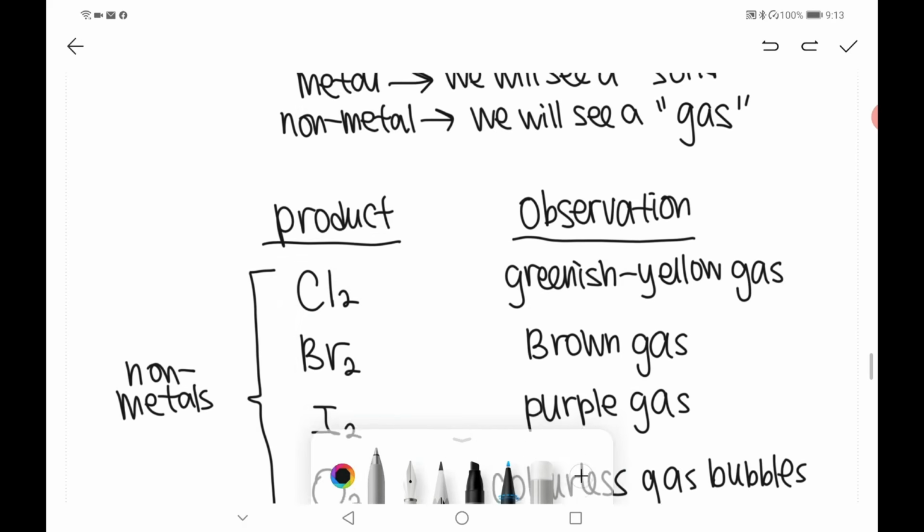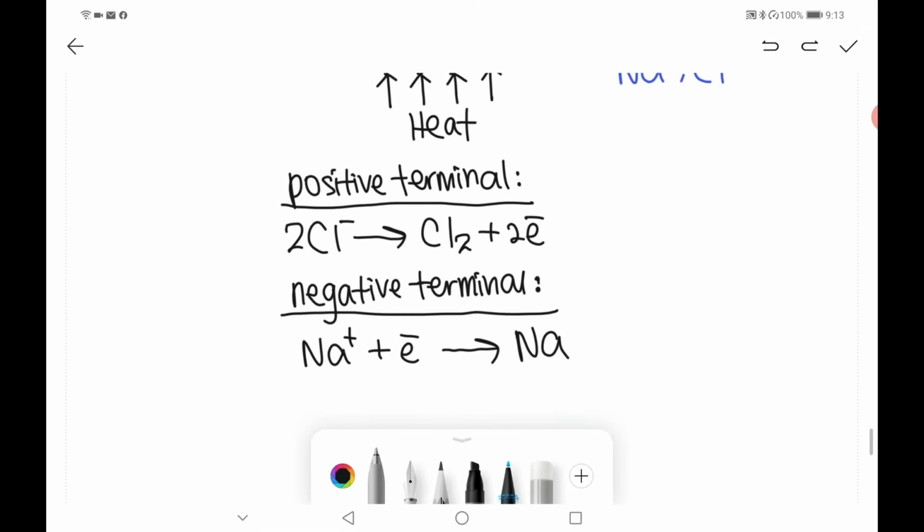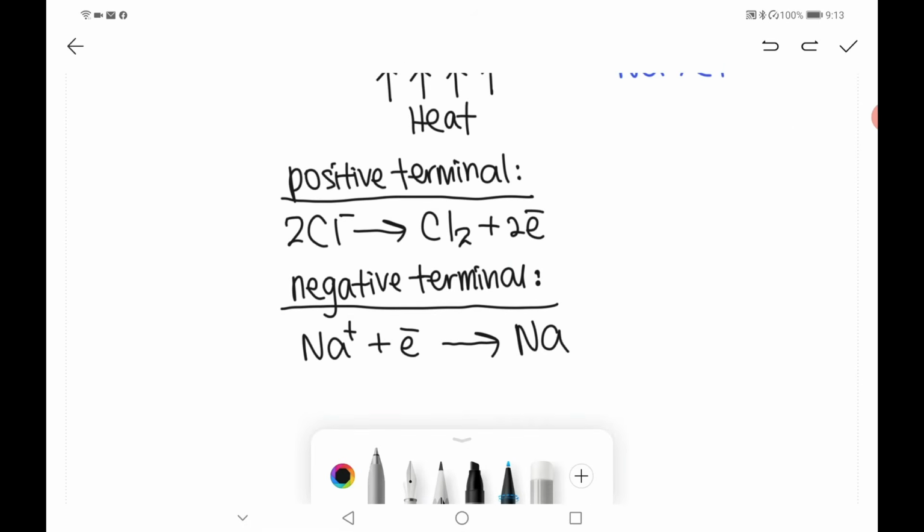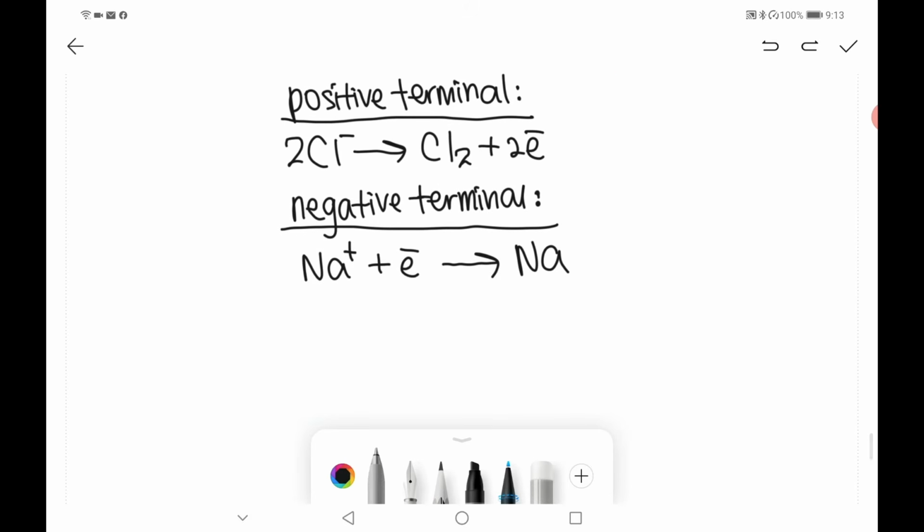So let's go for the observation here. For observation, always refer to the half equation.